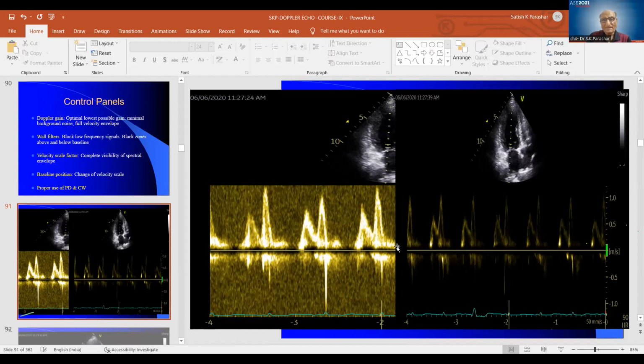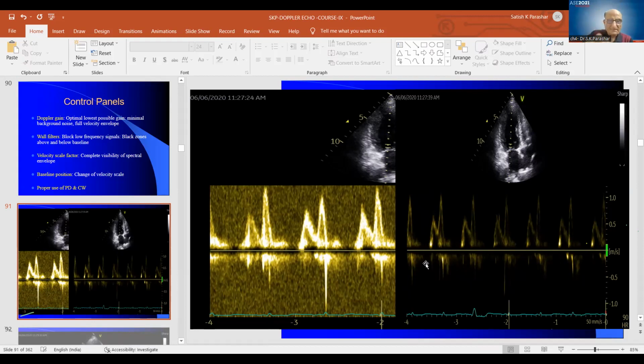The TGC selectively acts at a certain area. Suppose you want to see a certain area, then you use a TGC, because if the TGC is quite high, then many artifacts come also.